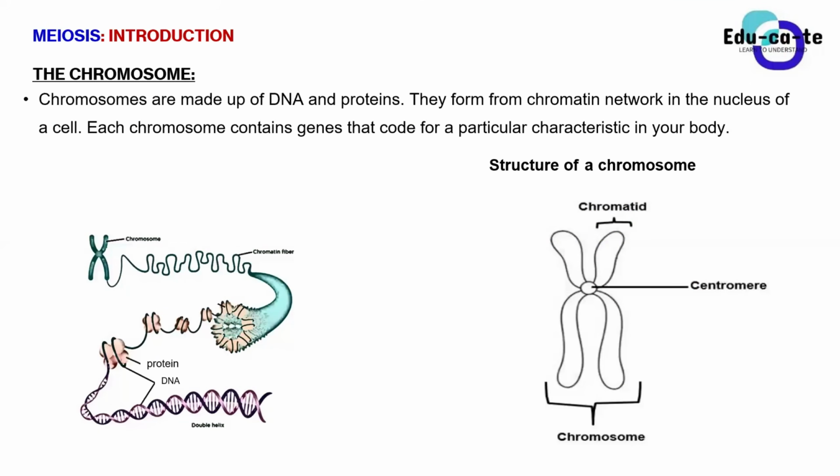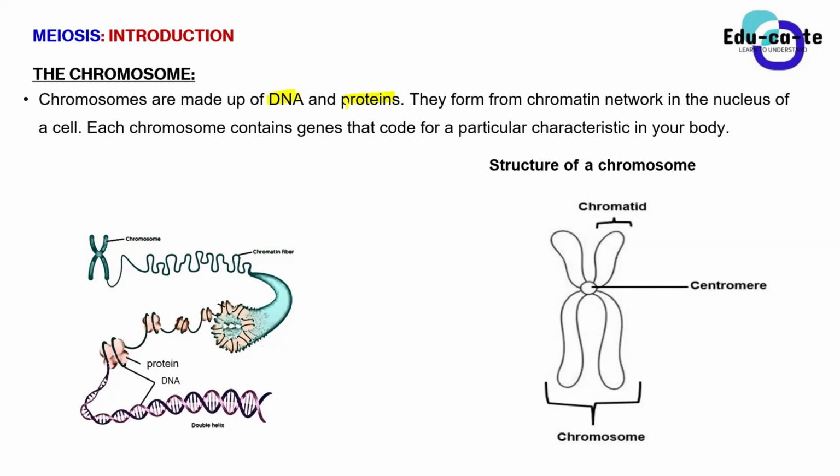So we have been talking about DNA, the code of life, ever since we opened our sessions. And now we are carrying the concept further by introducing the chromosome. Basically, chromosomes are made up of DNA and proteins.